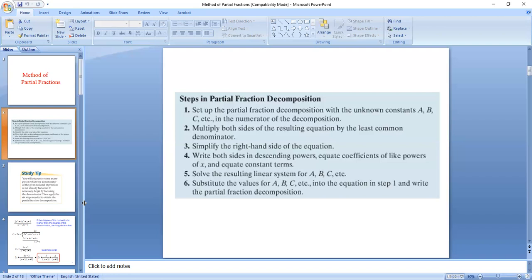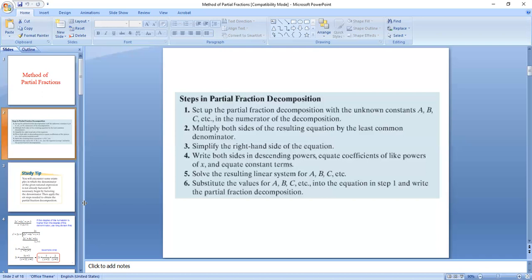So your equation has to be multiplied by that. After doing that, you can now simplify the right side of your equation. Actually, you can simplify both sides of your equation after you have done the multiplication.